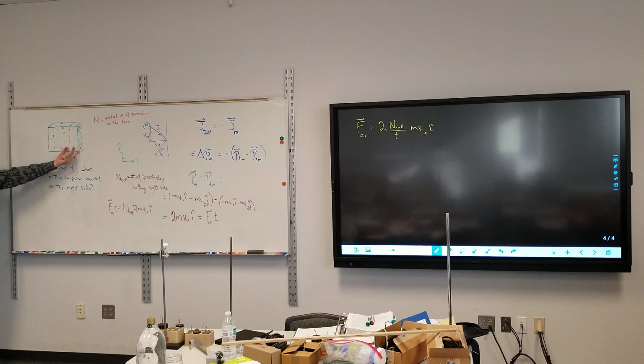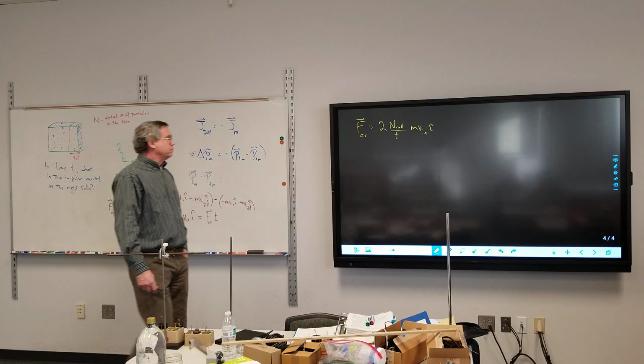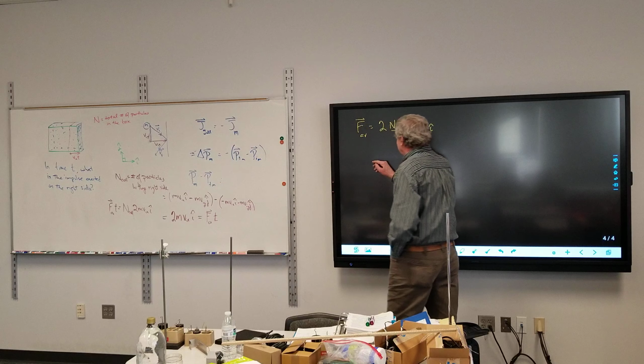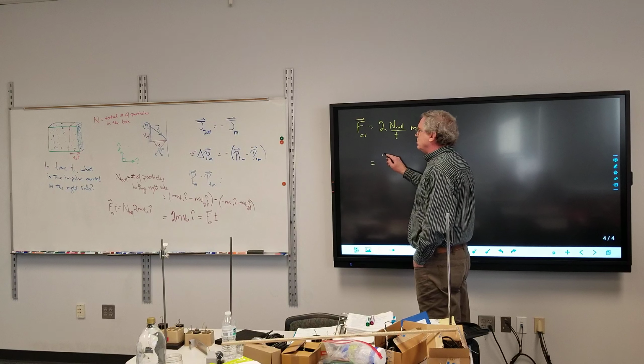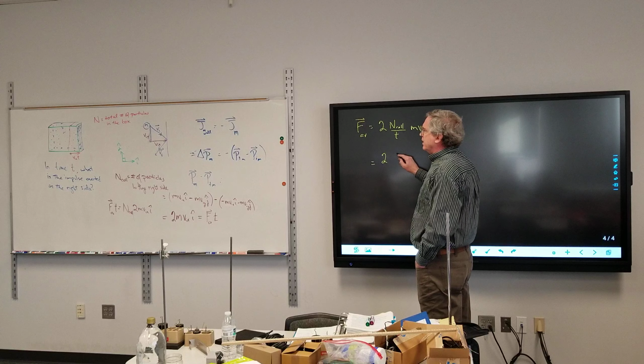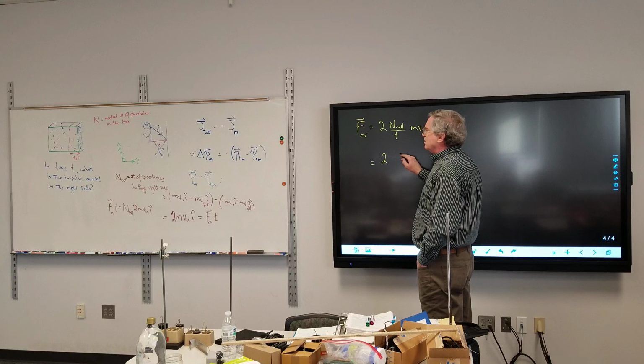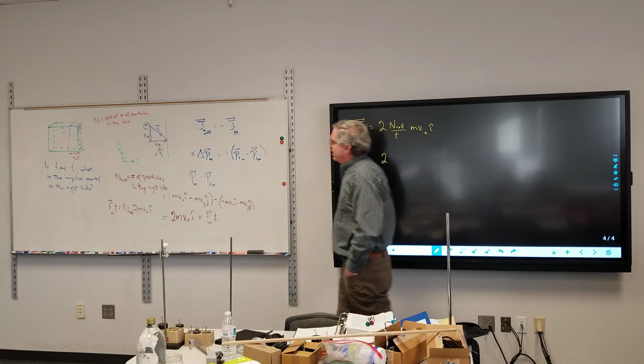So if t is small, this is a very small range. If t is large, then it's a much larger range. But within a time t, particles are only going to travel whatever their Vix is that way. So we've broken this down into 2 times this fraction of particles.